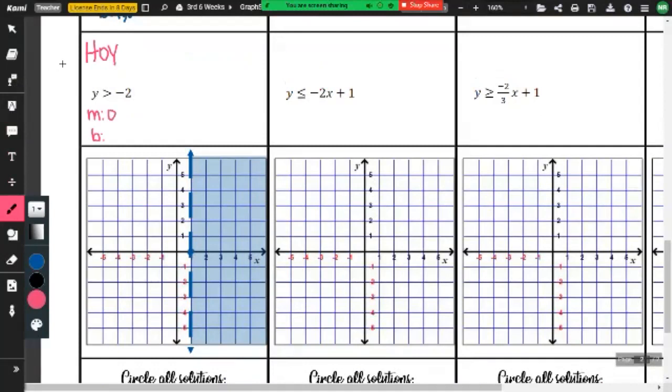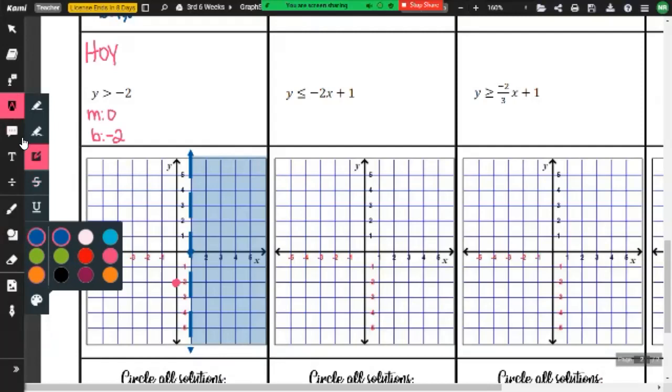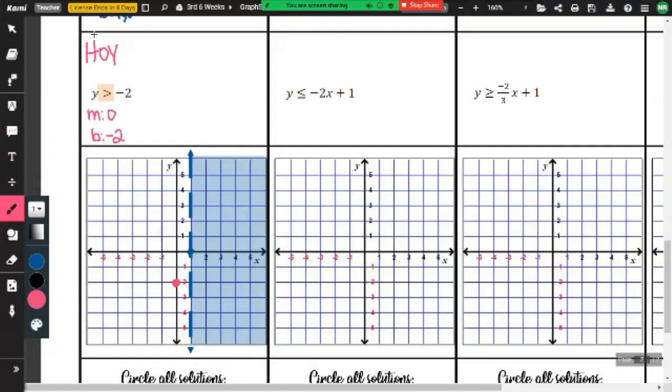The y-intercept, because your y value is -2, means it will cross the y-axis at -2, so there is a y-intercept. Once again, your inequality is not underlined, so that lets me know that we're going to have another dotted line. And the name of it is greater, so we're going to shade above once again.